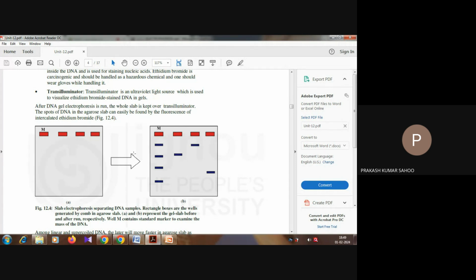What is the membrane type, what is the pore size, and what is the mechanism; then the name of that membrane separation process will automatically come, and you will write it easily. Followed by electrophoresis, it is again the same thing: which type of matrix you are using, or what is the bed you are using to place your sample. This defines the type of electrophoresis to be used for the separation of different components in a mixture.